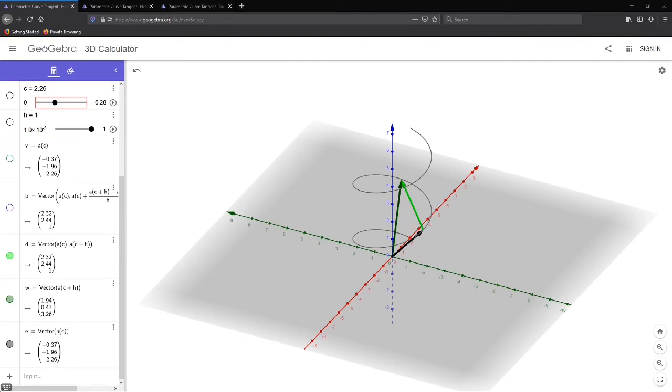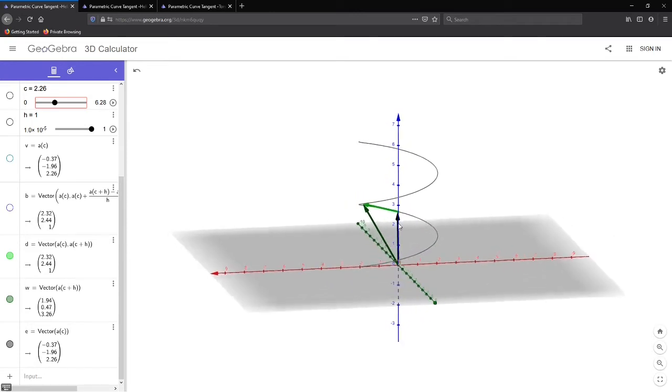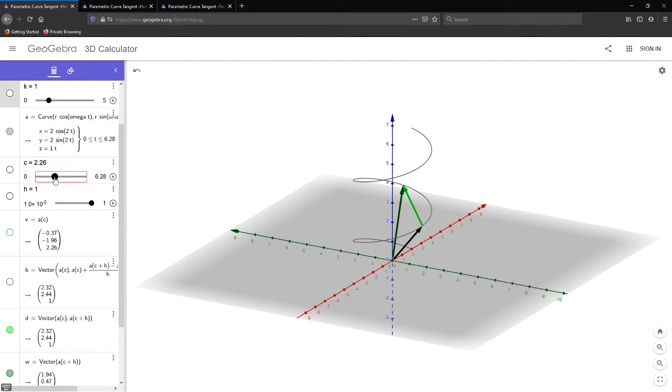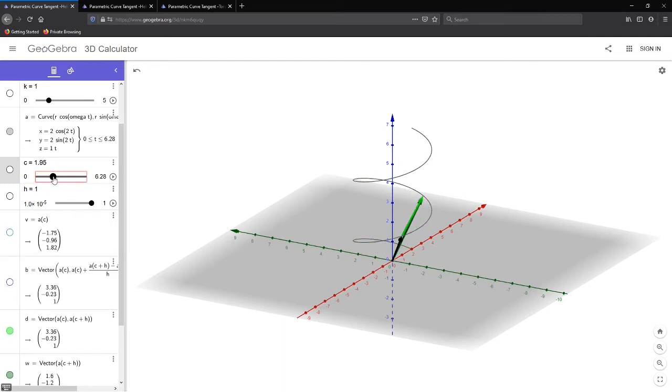You can see right here we have the helix, and on the helix itself we have this position vector, which is a black position vector right here at this point. If I move the point C, which is in the parameter space, along the helix, this point changes.